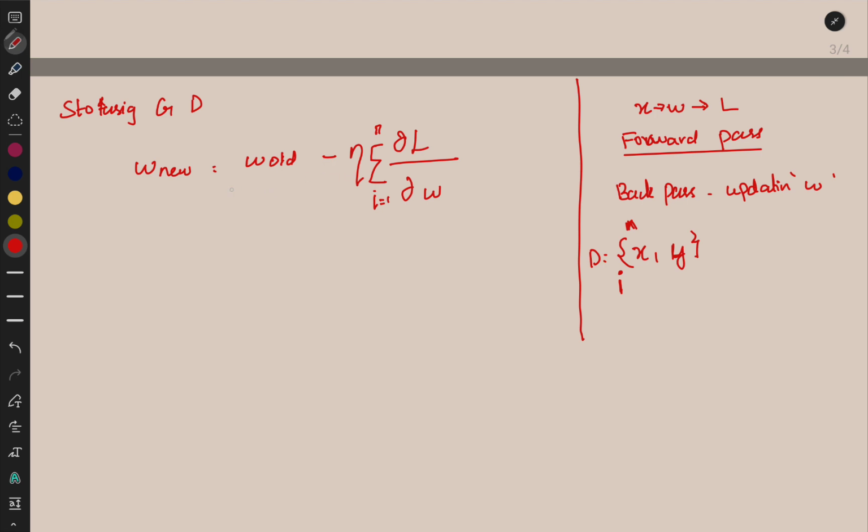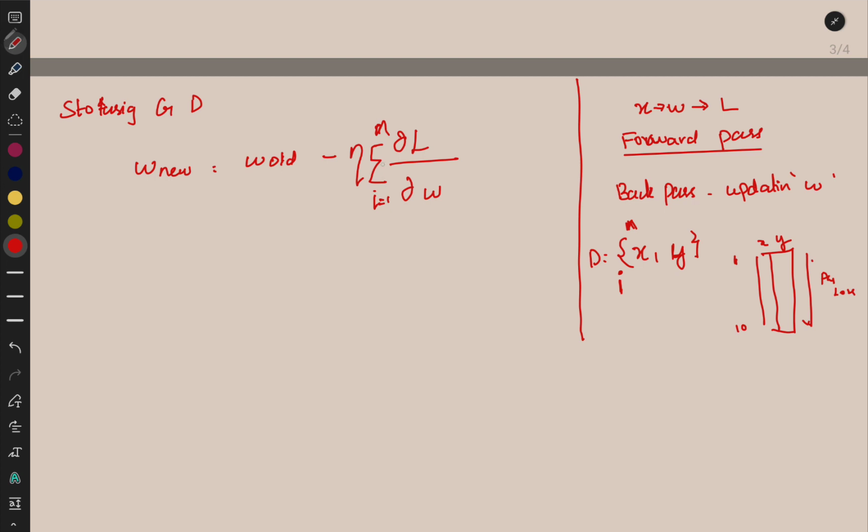Once the forward pass is done for all the data, let's say you have 10 rows, with data x and y. During the forward pass, you take the data and apply the forward pass on it. Okay, you compute the loss function. After computing the loss function, this loss is for all the data points from 1 to n.